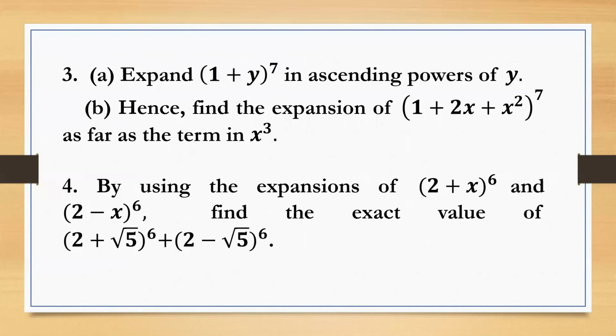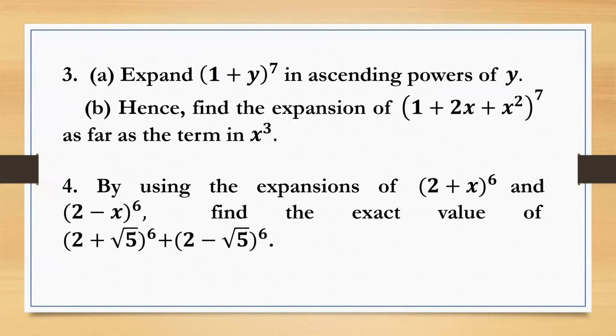Question 3, part A. Expand (1 + y)^7 in ascending powers of y. Part B, you need to find the expansion of (1 + 2x + x²)^7 as far as the term in x³.